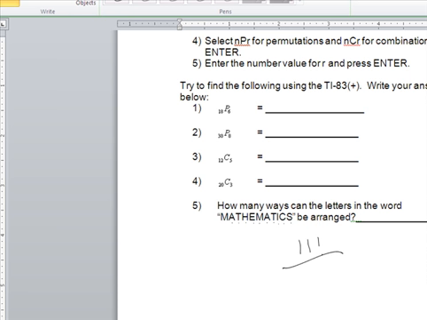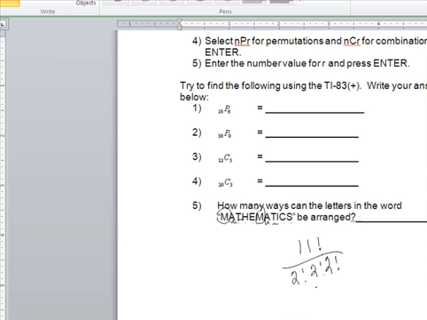We have 2 T's. And I think that's it. So it's going to be 11 factorial over 2 factorial times 2 factorial times 2 factorial. Each of these 2 factorials are 2. So 2 times 2 is 4, times another 2 is 8.